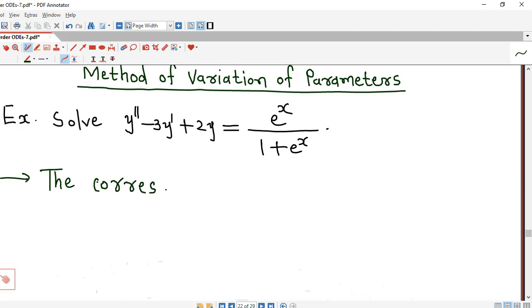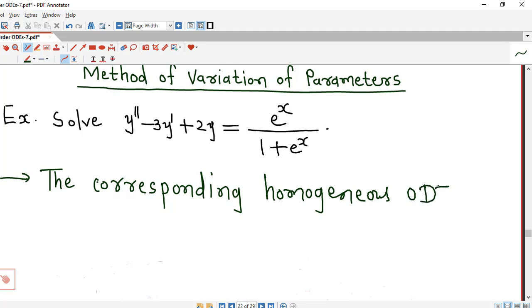So the corresponding homogeneous ordinary differential equation is y double dash minus 3y dash plus 2y equal to 0.